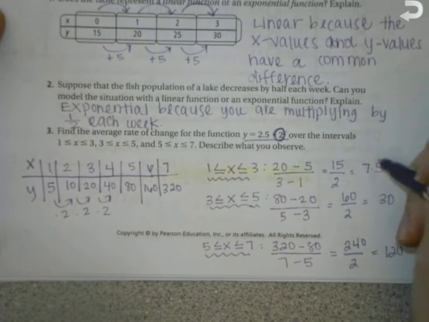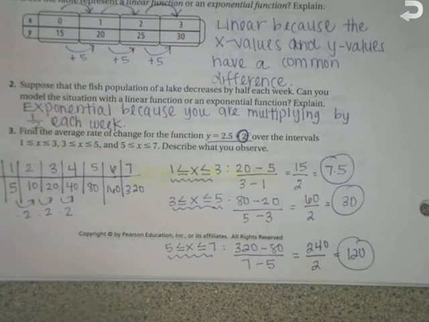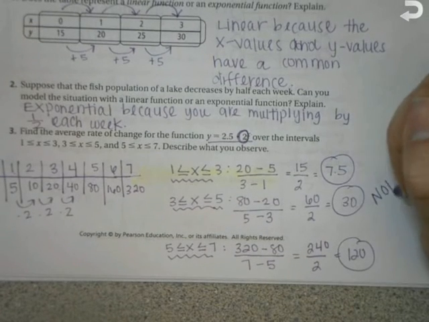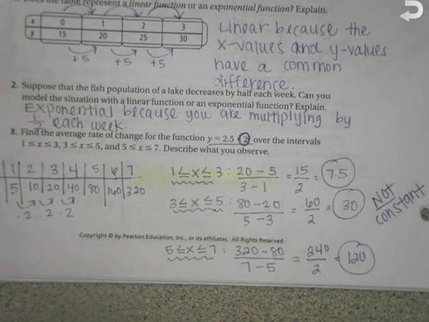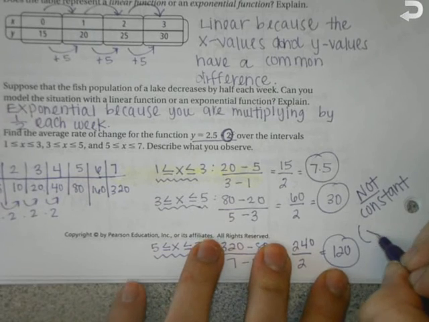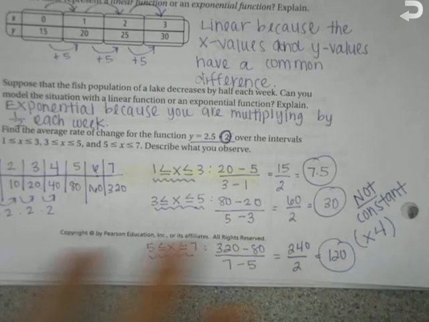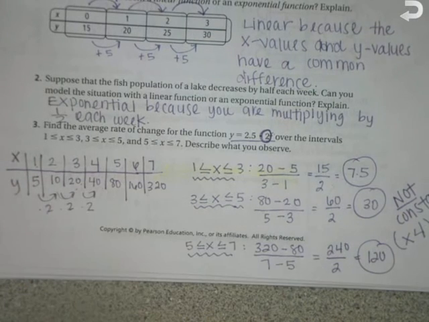Okay, look at my rates of change. Is it constant? No, not constant. Okay, and actually, what am I multiplying by each time? Times 4 again. Why? Because I'm looking for rates of change for every two numbers, and 2 times 2 gives me 4. Okay?